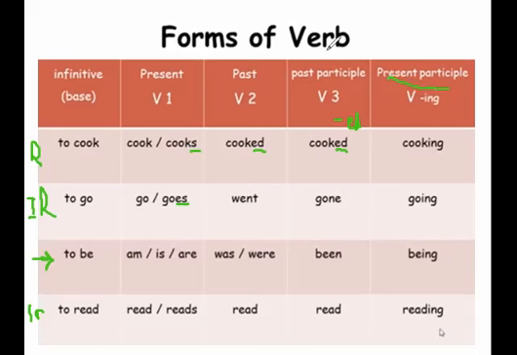For the rest of the lesson, you have to focus on this and this form of the verb. I hope the lesson till here is absolutely clear. If you understand these five forms of verbs, moving ahead is quite easy.